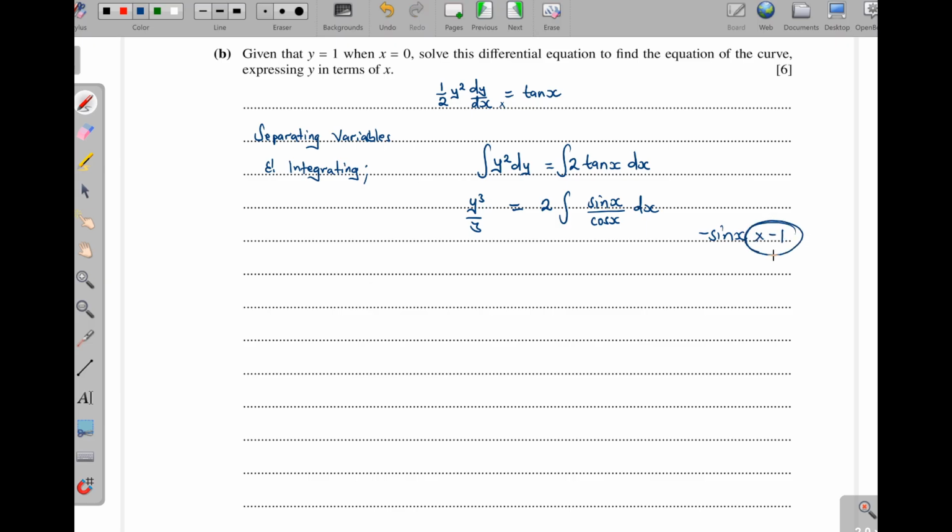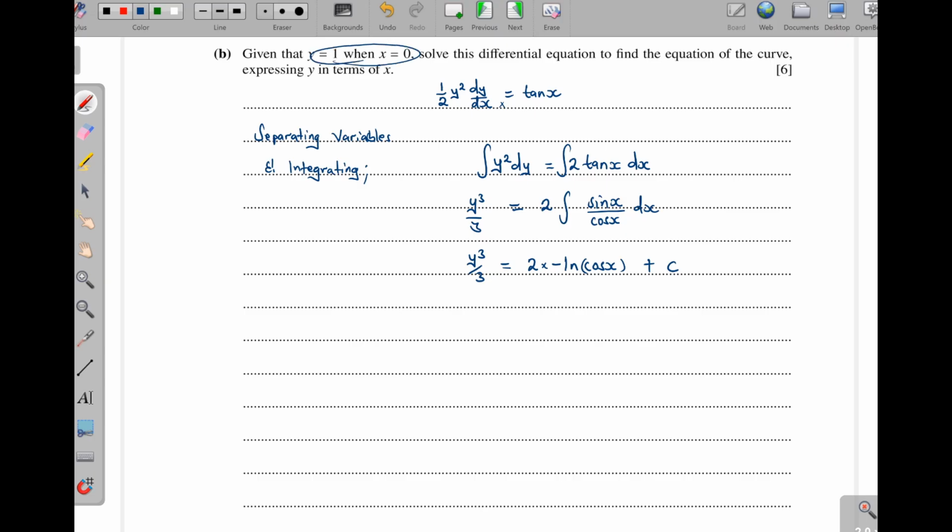Now this operation we have done on our derivative is going to be the coefficient, the one we are going to multiply with the natural log of the denominator. Does that make sense? So that therefore implies that we are having y cubed out of 3, which is going to be equal to 2, then times -1, then times the natural log of the denominator, like that. Then we shall put a c here.